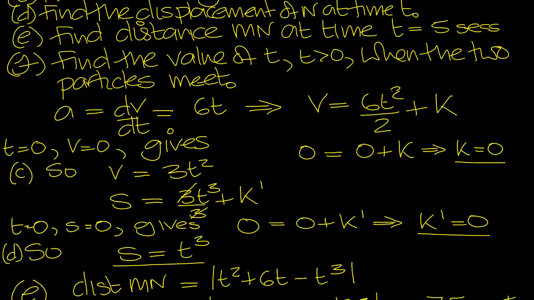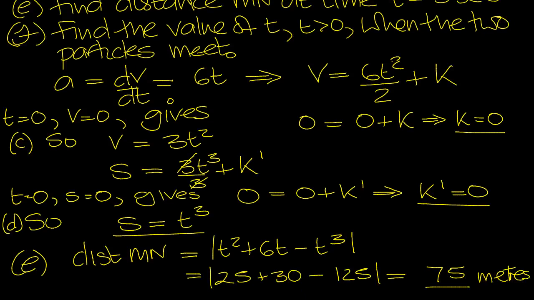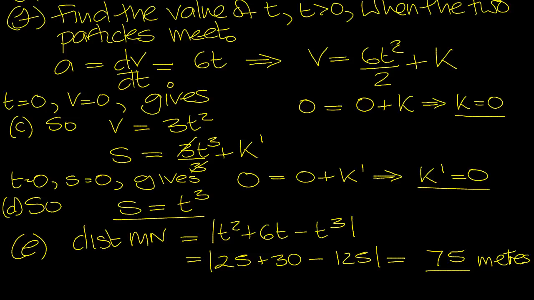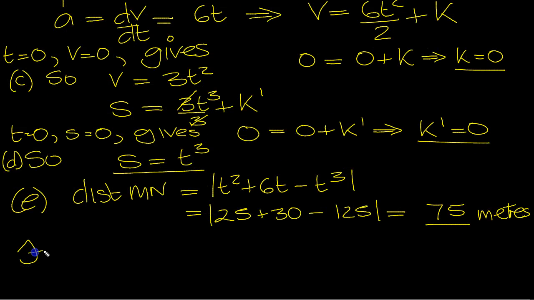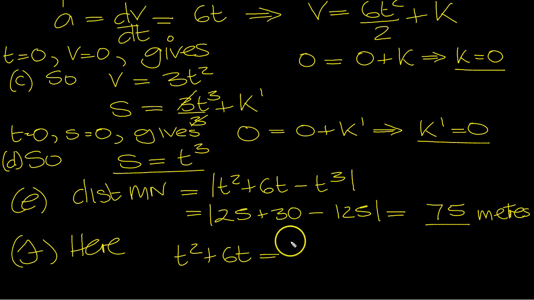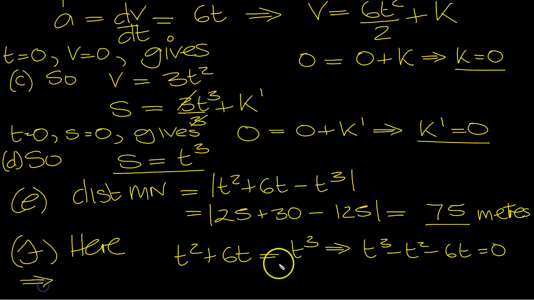Okay, so that's the distance. Find the value of t greater than 0 when the two particles meet. So this is part F. Here, t squared plus 6t is the distance from P of the one. The distance from P of the other one is t cubed. So that tells us that t cubed minus t squared minus 6t equals 0. Divide by t all the way through, as t is bigger than 0.